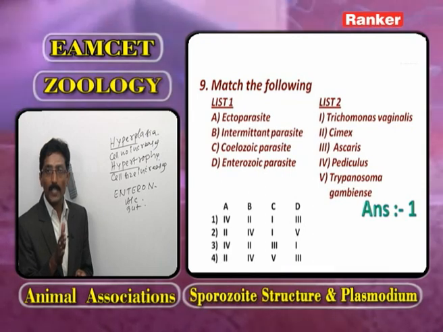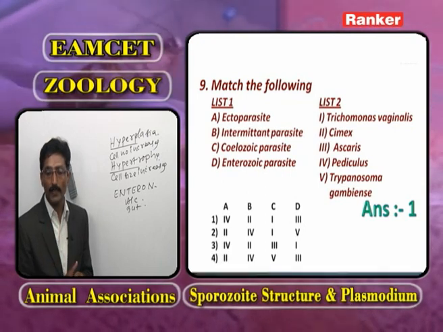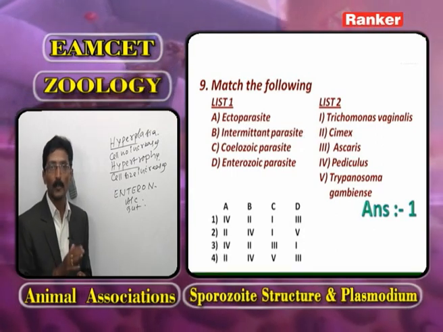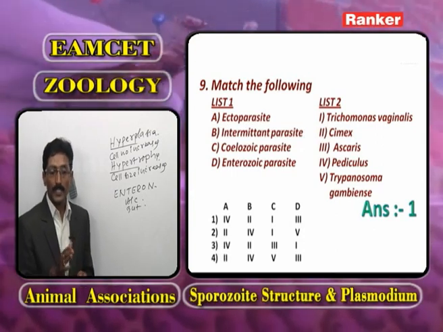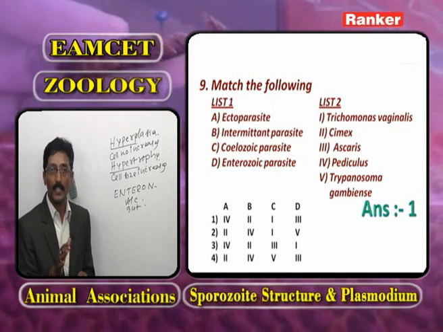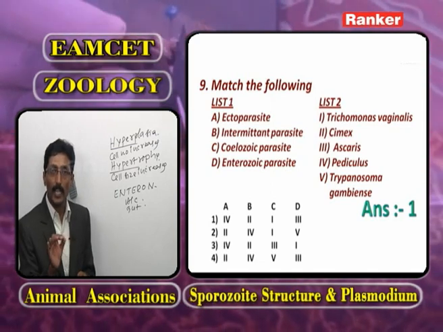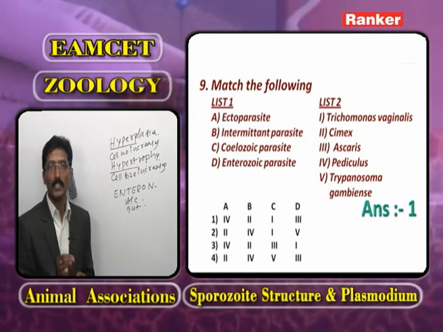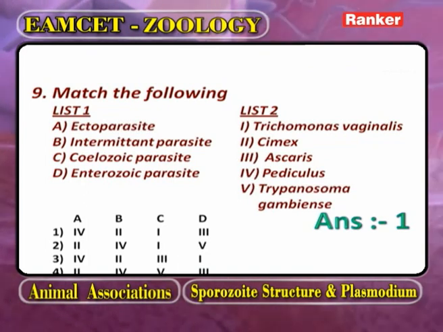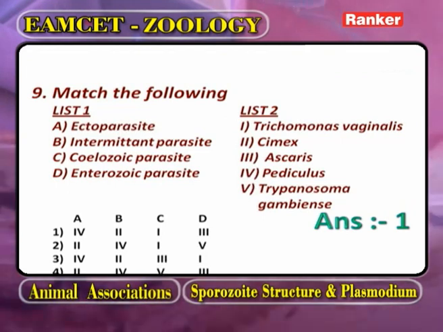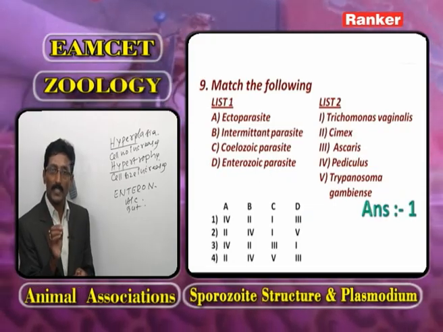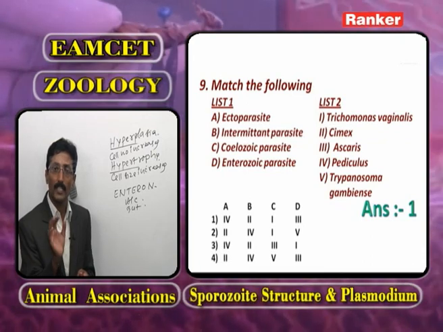Now regarding list one, ectoparasite. The ectoparasite is present outside the body. The most appropriate example is Pediculus. It is an ectoparasite and permanent. Second one is intermittent parasite. The parasite lives temporarily on the host body. The appropriate answer for this is Cimex. If there is no Cimex, we go for the mosquito. Now, coelozoic parasite. The parasite lives in the cavity. Here, what is the best example for the coelozoic parasite?